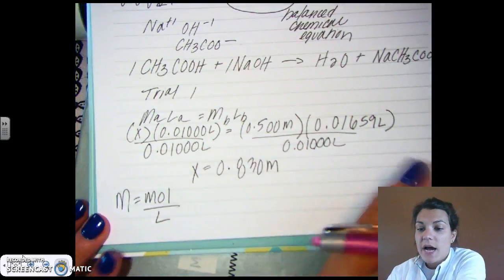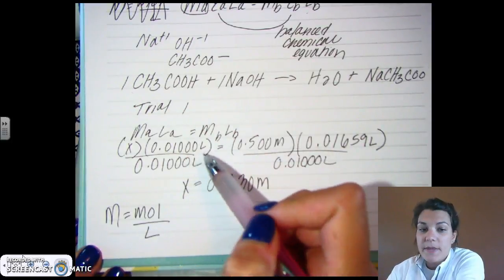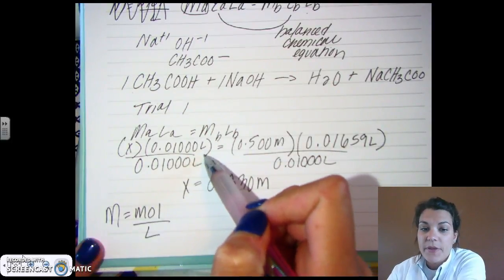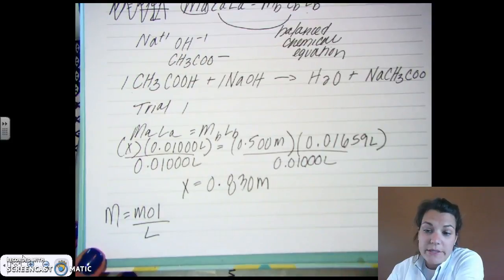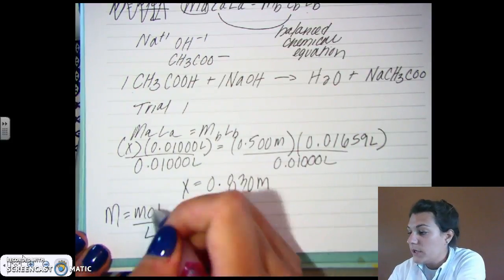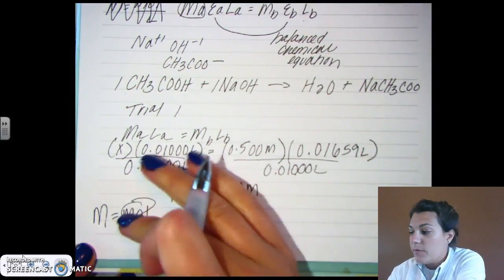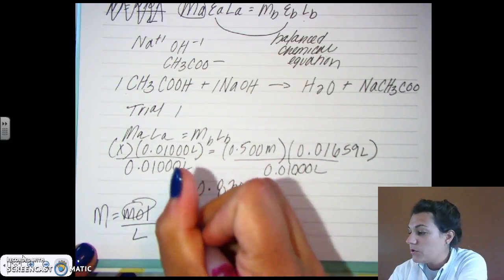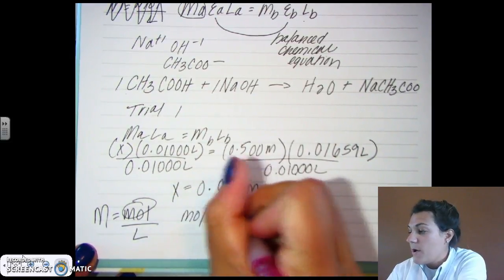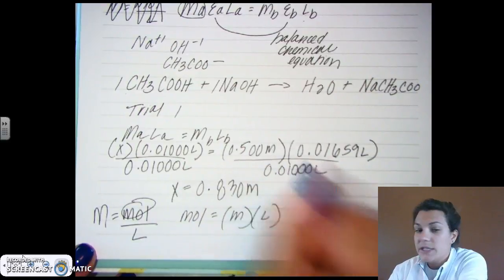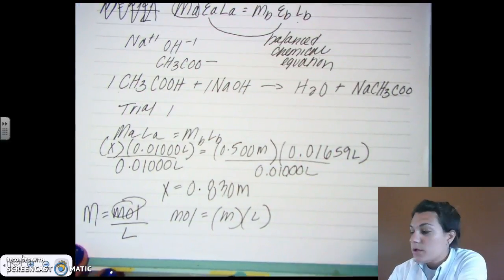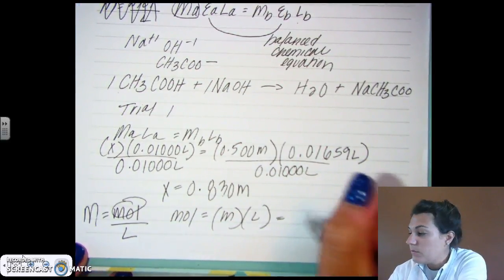Didn't we just have the volume from this equation? Yep, here's the volume of the acid, and this is the concentration. So what can I solve for? Well, can't I solve for moles? If I rearrange this equation, moles is going to be equal to molarity times liters, right? So I can plug my numbers into this equation.